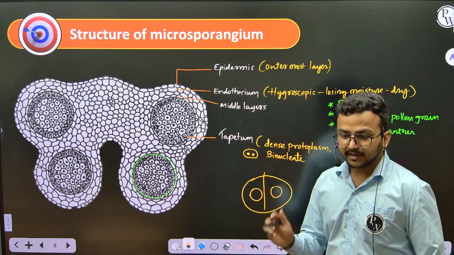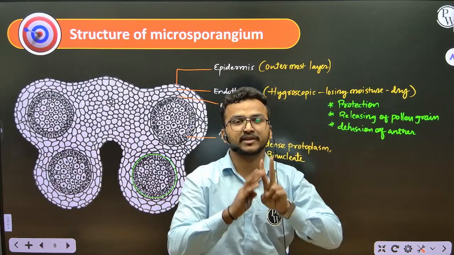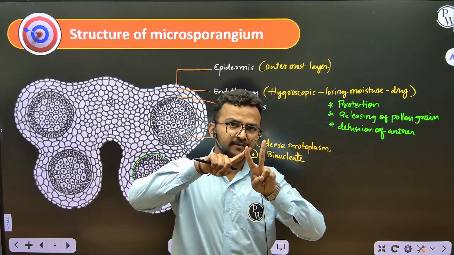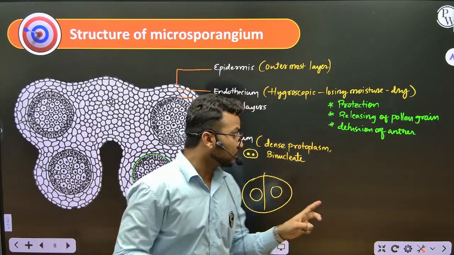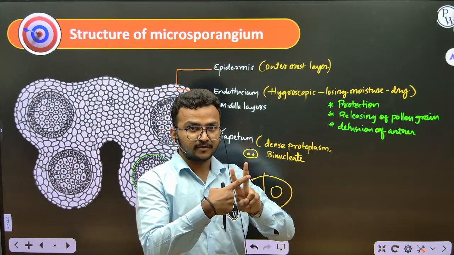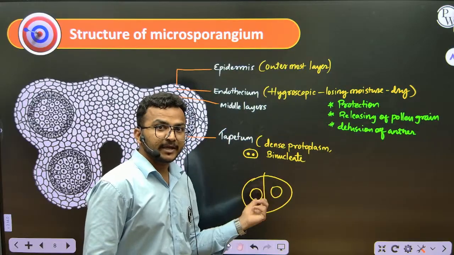Usually cell division has two stages or phases. One is karyokinesis, which means nuclear division, and the next is cytokinesis, which means complete wall formation, making them two cells.